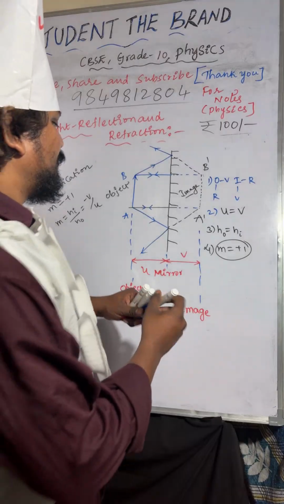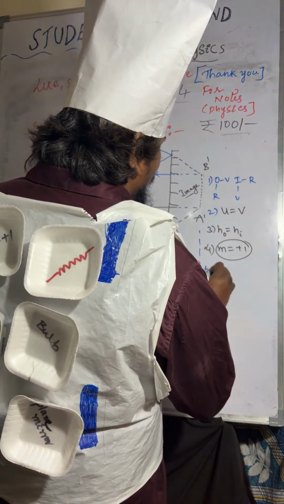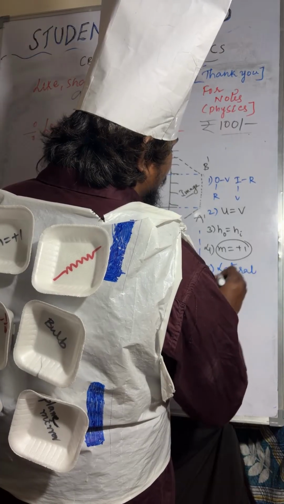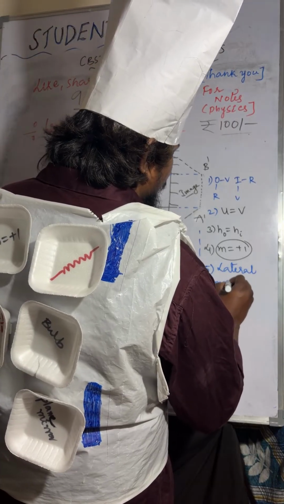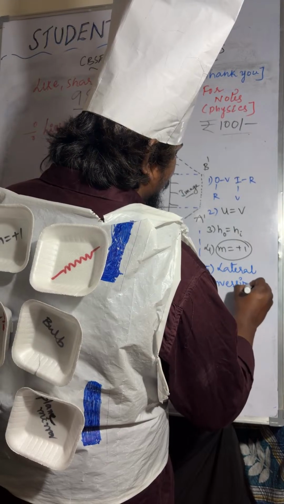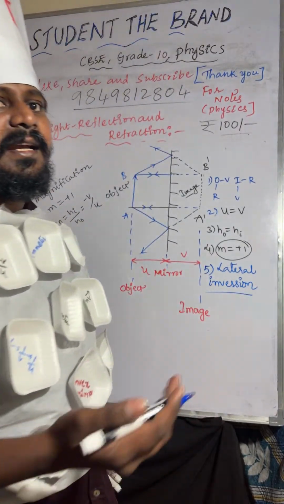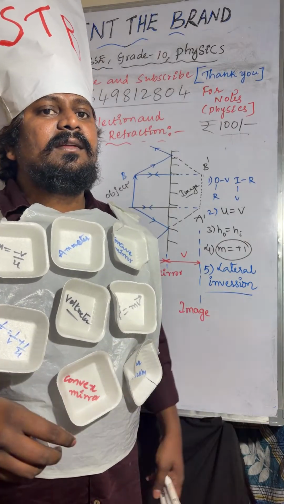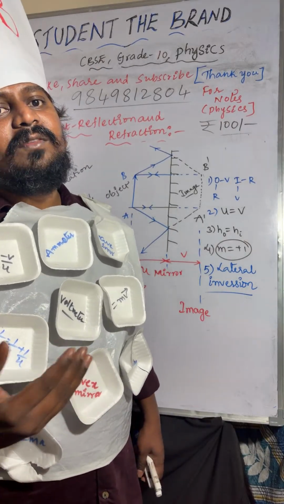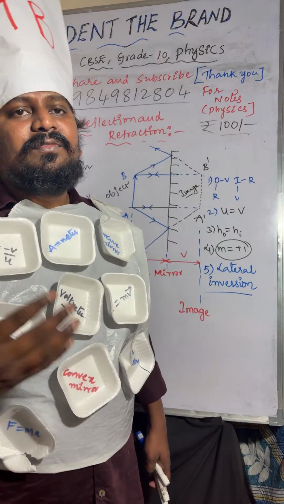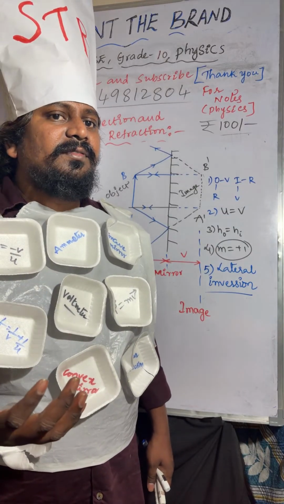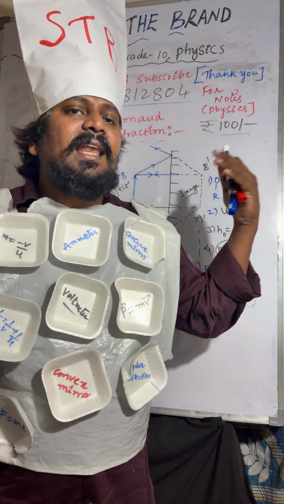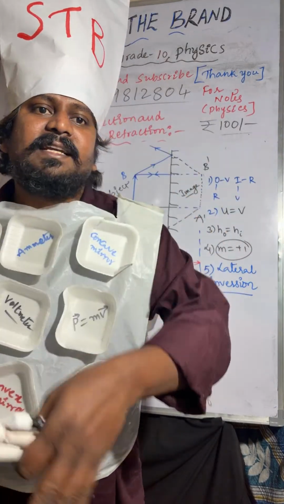And coming to the fifth one, it also shows lateral inversion. What is lateral inversion? Lateral inversion is the phenomenon in which the right side of the object appears to be the left side of the image, and the left side of the object appears to be the right side of the image.